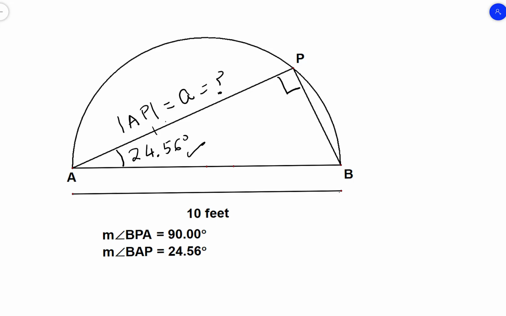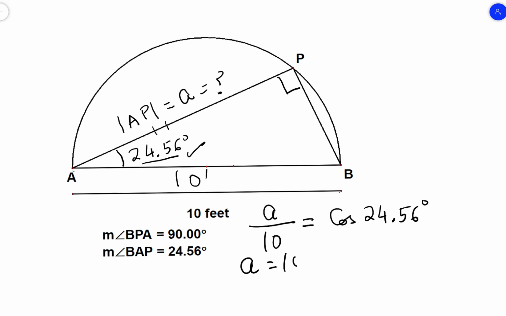Then we would like to know what the distance from A to P is at the instant when this angle is 24.56 degrees. So you can see this 10 feet is the hypotenuse. We have to find the adjacent, and we know that adjacent over the hypotenuse is going to be cosine of this angle. So that will be cosine of 24.56 degrees. So A would be how much? 10 times cosine of 24.56 degrees.